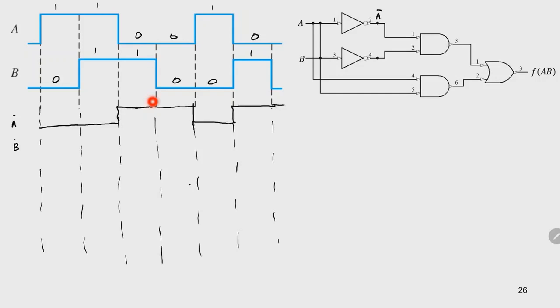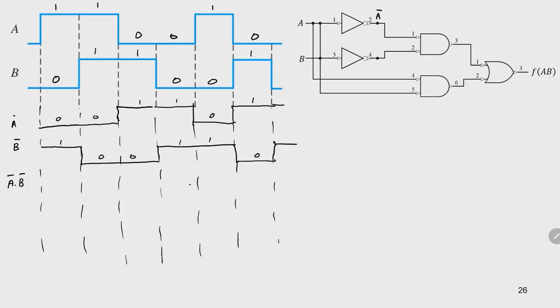And then B bar, again, when it's 0 it is 1, when it's 1 it is 0. Then we have A bar and B bar ANDed, meaning that this now is 0, 0, 1, 1, 0, 1, 1, 0, 0, 1, 1, 0.